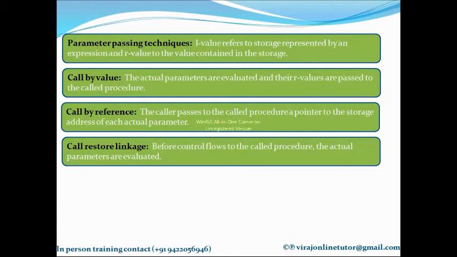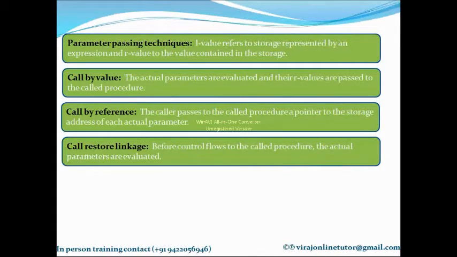When I pass A, B to a swap function by call by value, that swap function will definitely swap the values of A and B inside the swap function. But if I print the values of A and B outside the swap function, at the invocation point, A and B are not yet swapped. The reason being, we have just passed the R value of A and the R value of B to the swap function. That's why whatever changes the swap function does internally are not reflected at the invocation point.